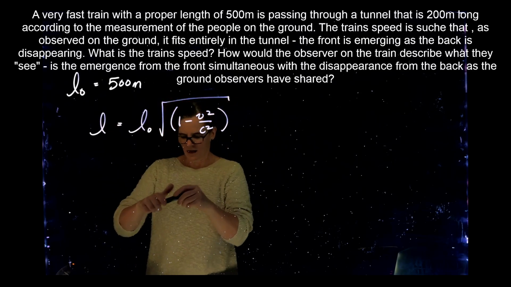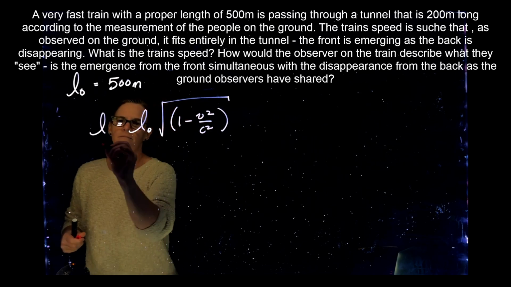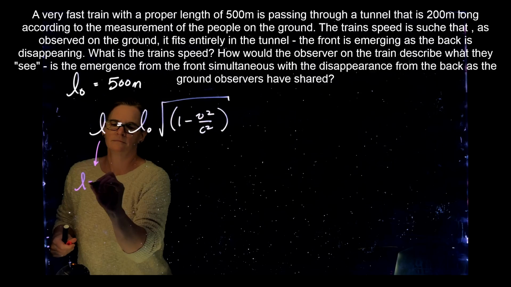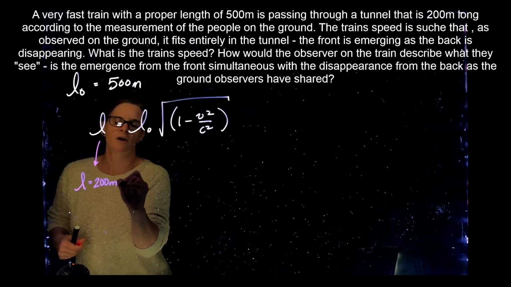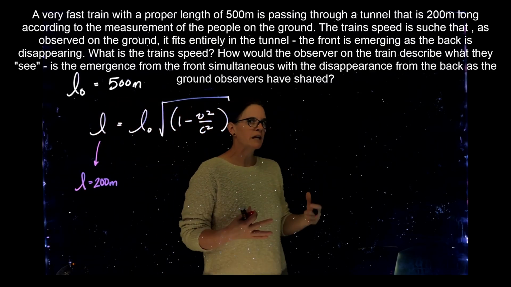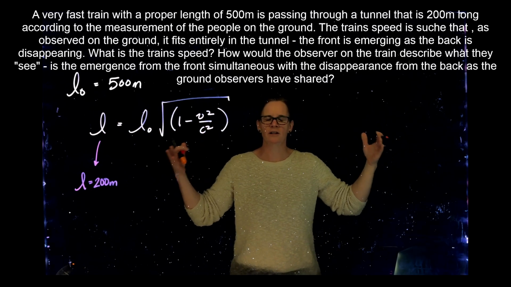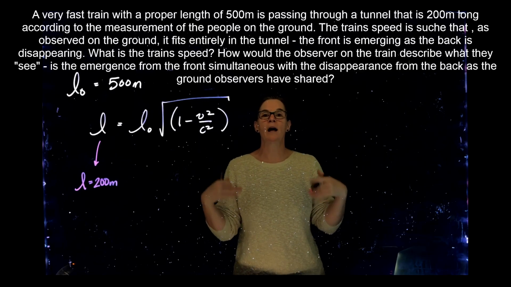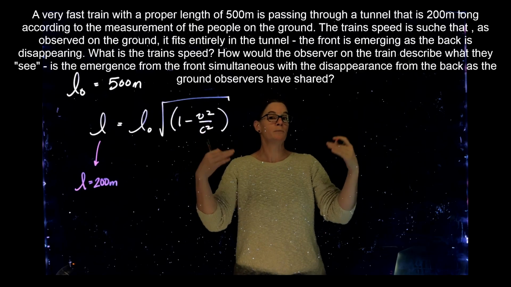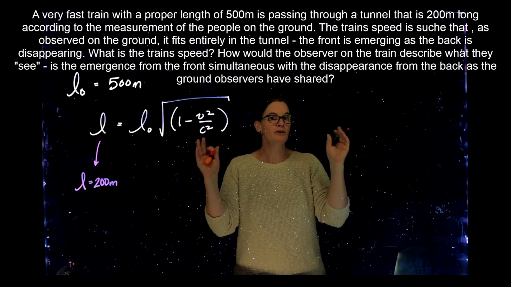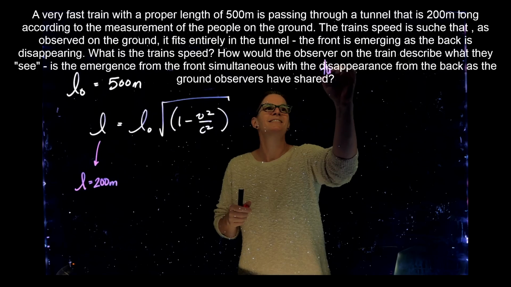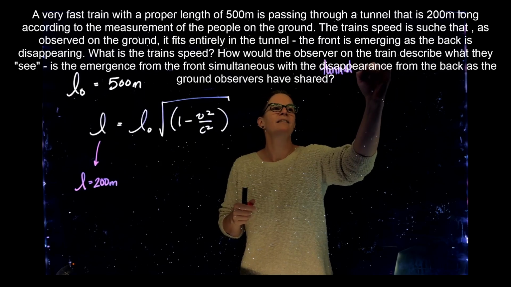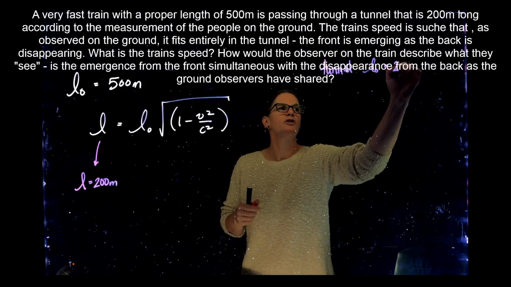This length L is 200 meters. The tunnel is measured at 200 meters by an observer on the ground. The tunnel is on the ground. The observer is on the ground. The tunnel's proper length is equal to 200 meters.